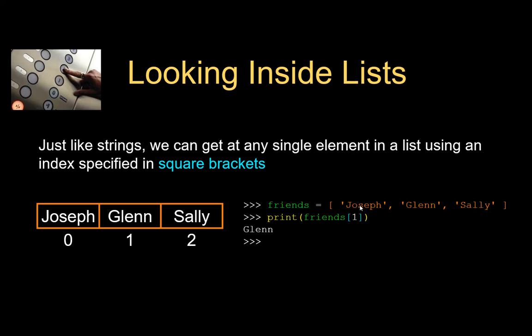Joseph has the position 0, Glenn has position 1, and Sally has position 2. So in this case, the square bracket 1 of friend is going to be Glenn. So when we print it, we get Glenn. So this is how we can access a value inside our list.